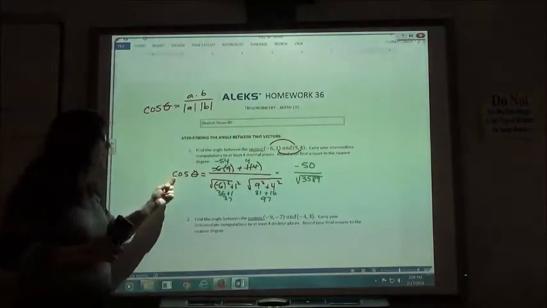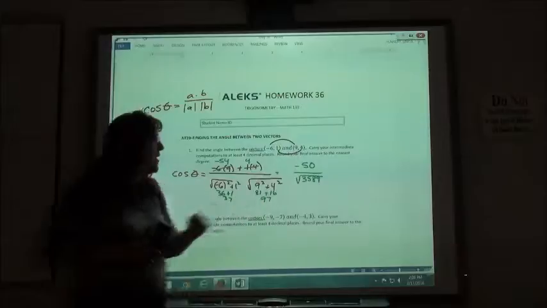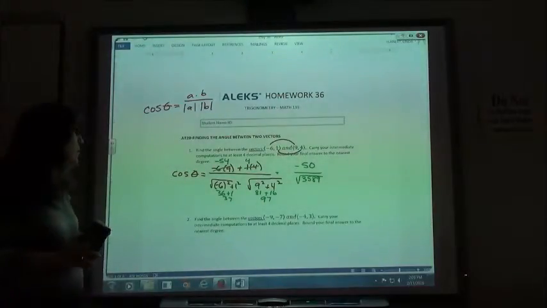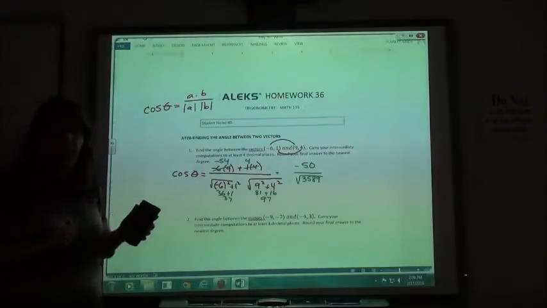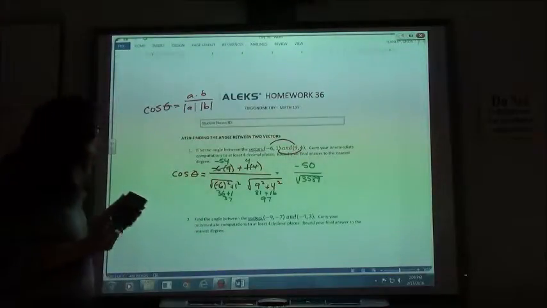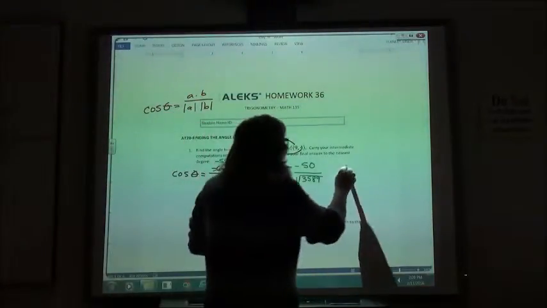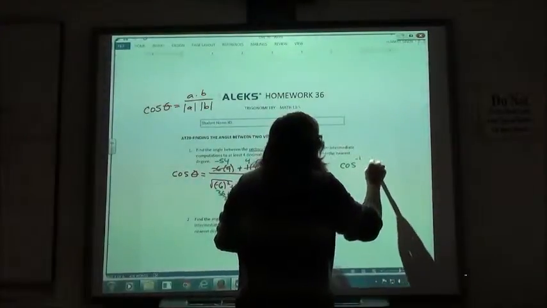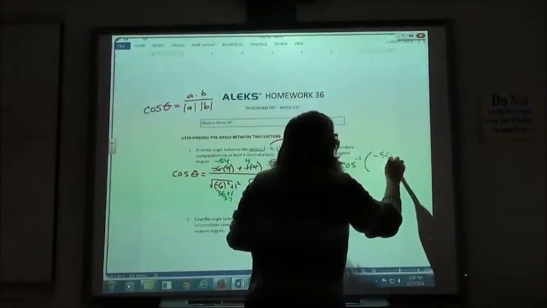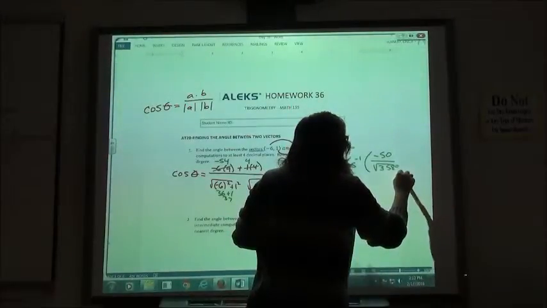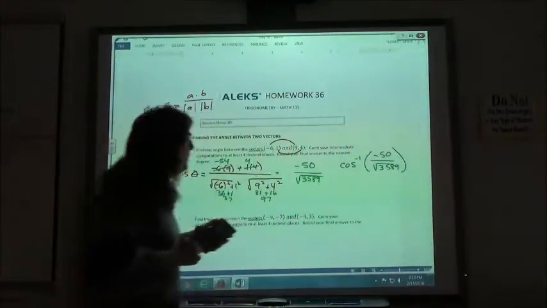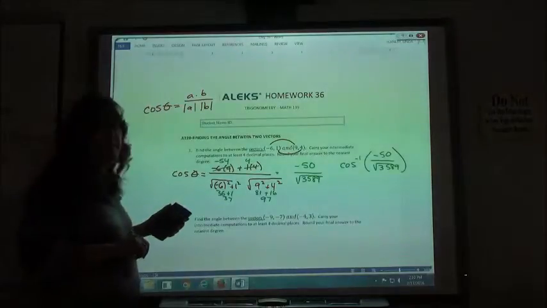Now the cosine of theta is equal to this. In order to find our angle, which we're doing to the nearest degree, make sure your calculator is in degree mode. We are going to do the inverse cosine of negative 50 over the square root of 3,589. I'm going to use the parentheses since I have a fraction.